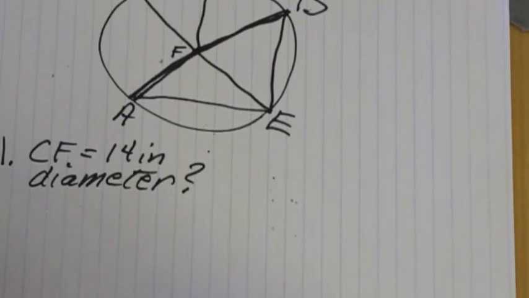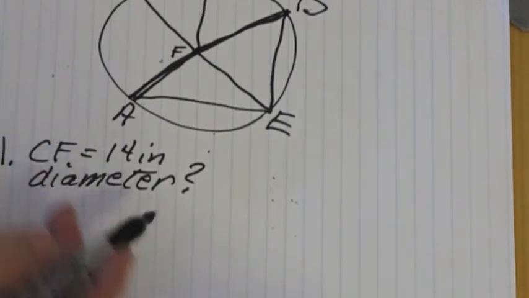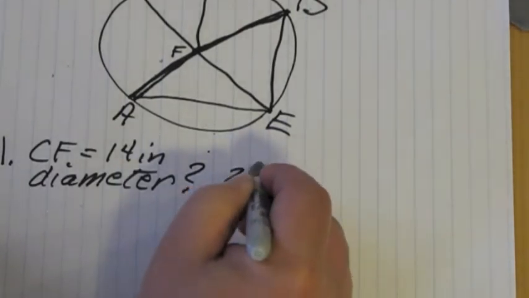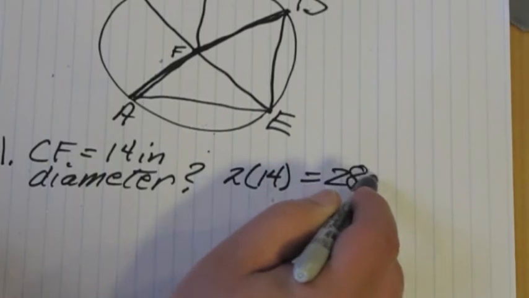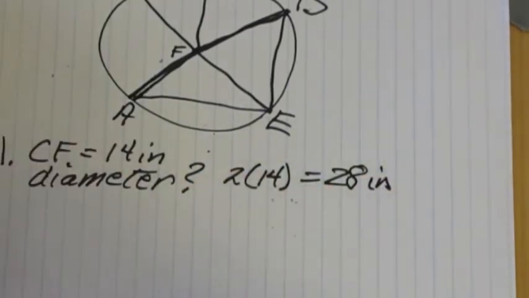What is CF? CF is a radius, that's correct. So a radius is half the diameter, so the diameter will be 2 times 14 or 28 inches, because a diameter is twice as big as a radius.